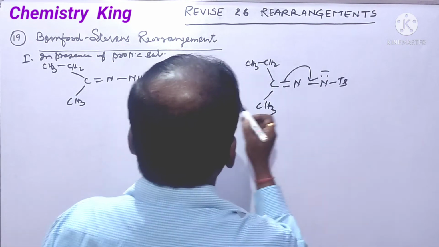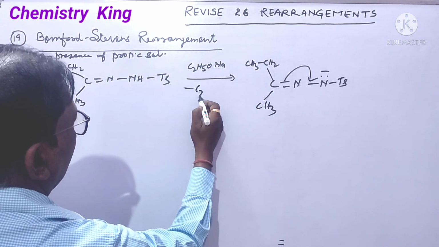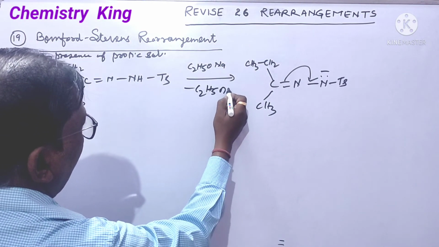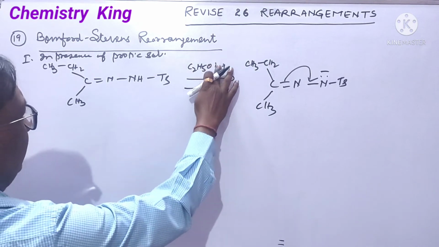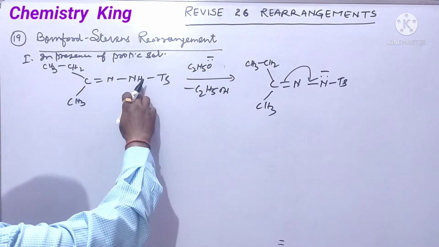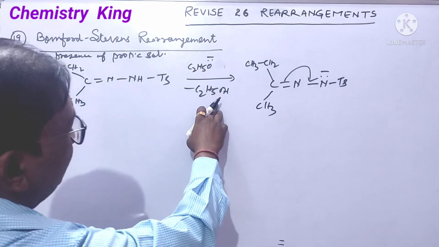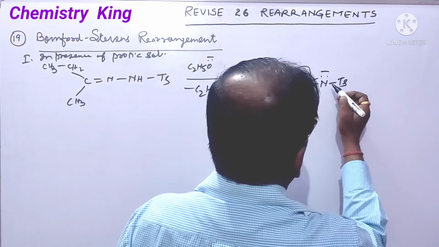Now it will come here, and you are getting it with the liberation of ethyl alcohol. Ethoxide ion will take this hydrogen with the elimination of ethyl alcohol, you will get this.